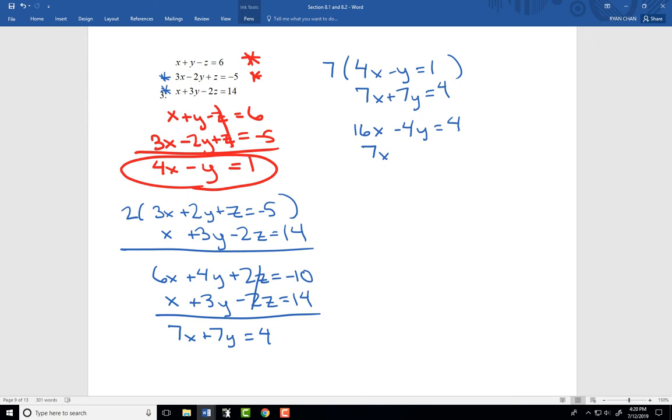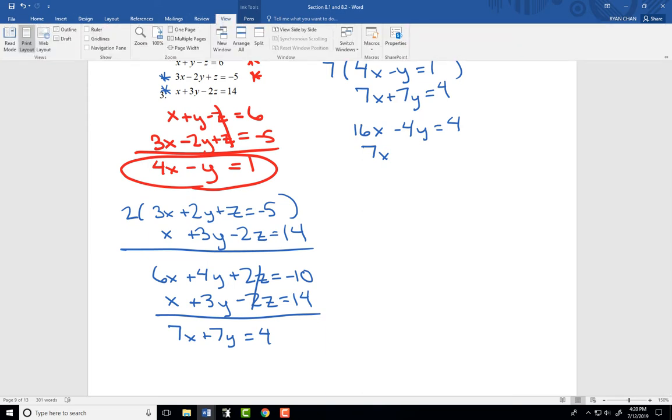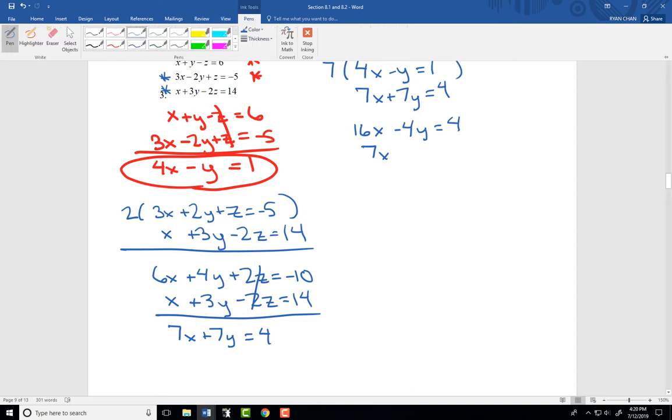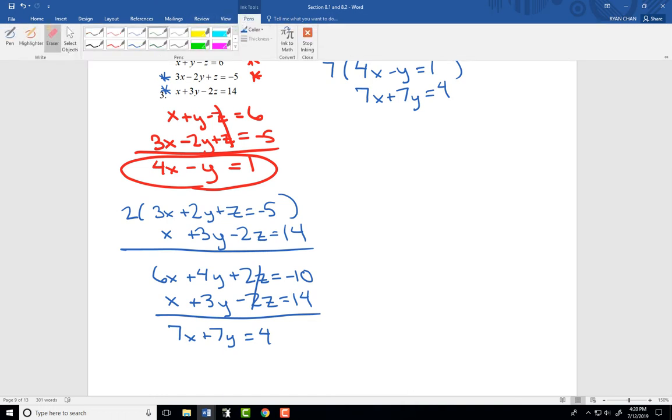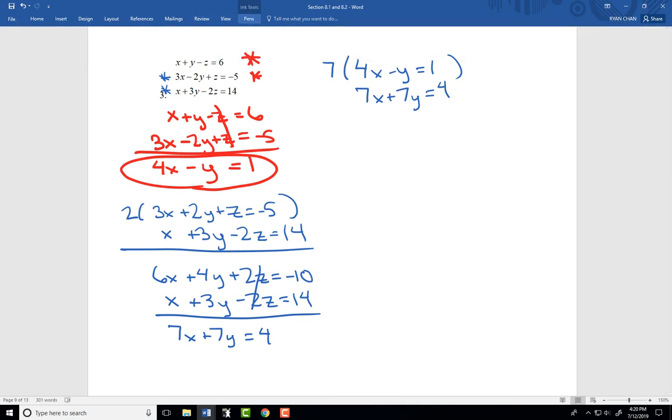I don't know why I said 4. So this will be 28x minus 7y is equal to 7.